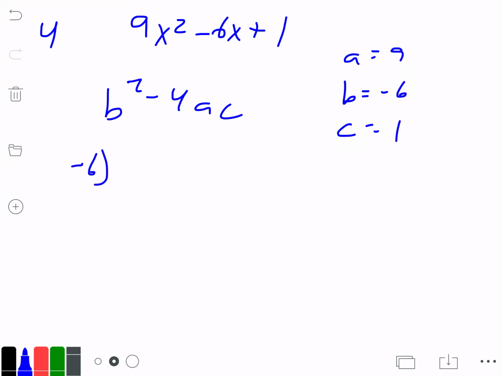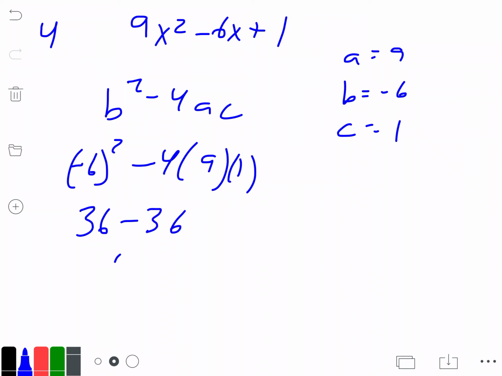So negative 6 squared minus 4 times 9 times 1. So 36 minus 36 is 0. When your answer is 0, there is only one solution. So number 4 has one solution.